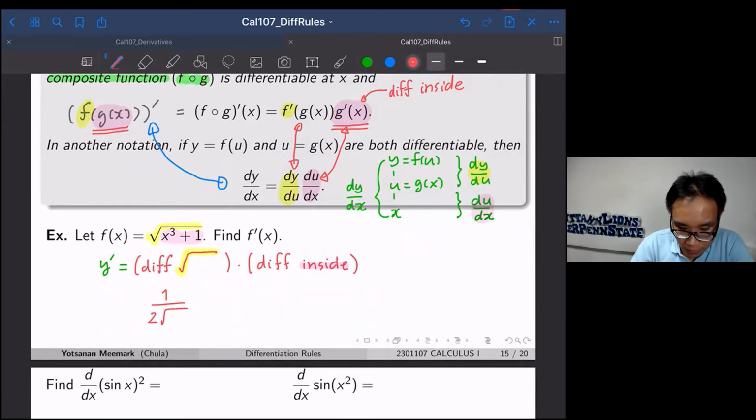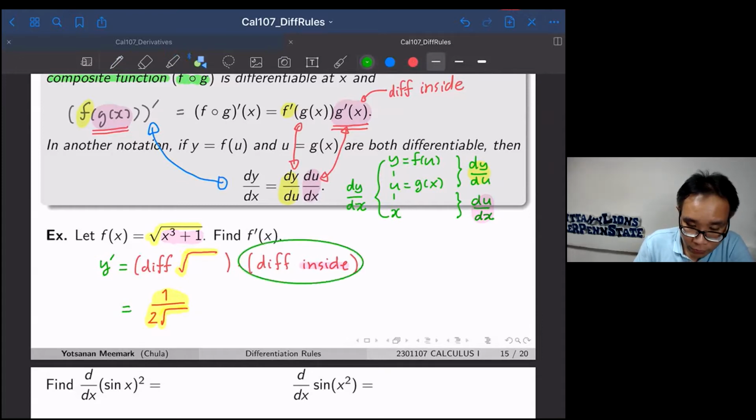I'm not going to do anything much here, I'm not going to put anything inside, but when you dip the yellow guy, this is what you get for the structure. And you're going to multiply by the derivative of the inside, which will be the green one.